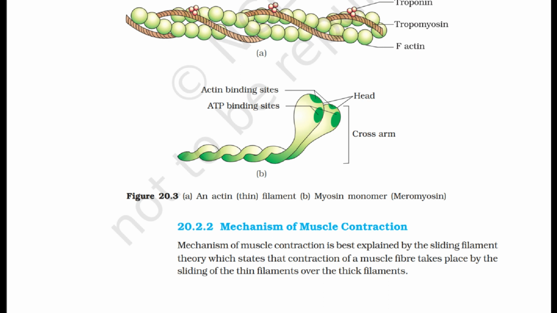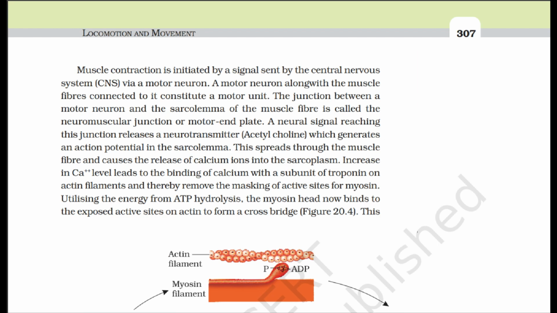Mechanism of muscle contraction. Mechanism of muscle contraction is best explained by the sliding filament theory, which states that contraction of a muscle fiber takes place by the sliding of the thin filaments over the thick filaments. Muscle contraction is initiated by a signal sent by the central nervous system, CNS, via a motor neuron.